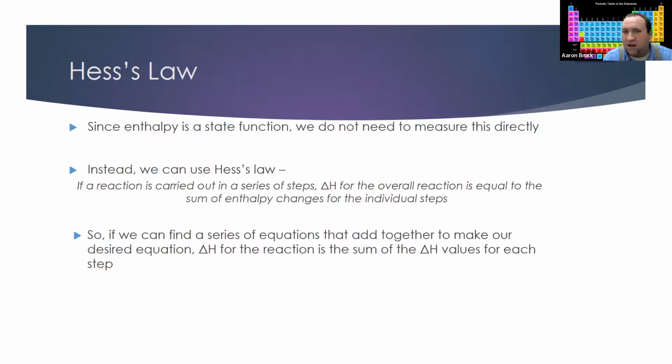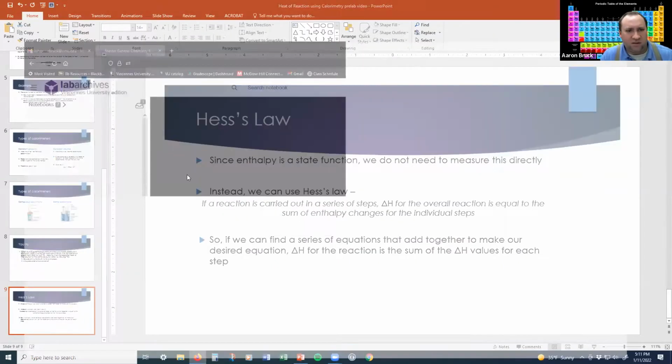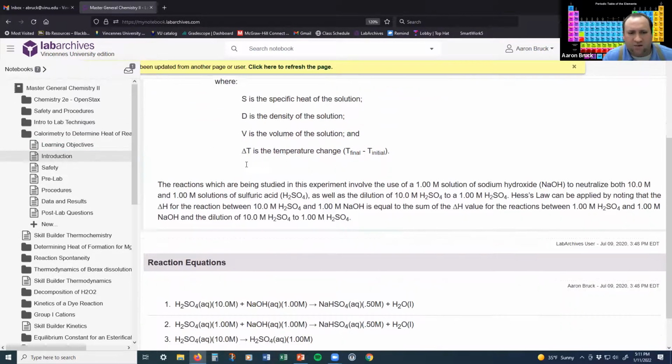And so Hess's law tells us that we can determine the enthalpy for any reaction equation if we have a series of reactions that we can add together. That'll give us the equation that we're interested in. And the best illustration of this actually comes if you look at the discussion here of our experiment in Lab Archives.